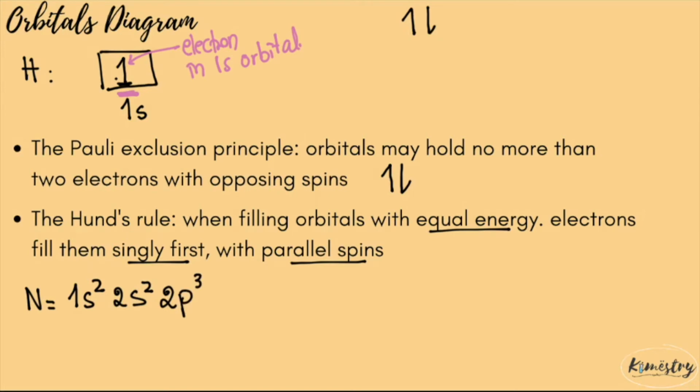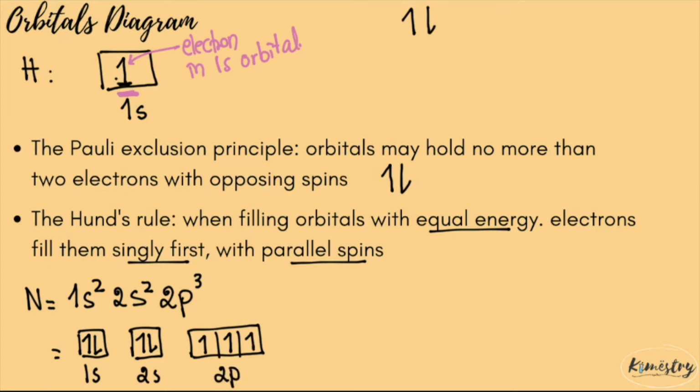If I wanted to write this as an orbital diagram, I would do one box for 1s because each box represents one orbital, and s has one orbital, then another for 2s, and p has 3 orbitals, so it has to be 3 boxes like this. So the way we fill it up: 1s orbital filled, 2s orbital filled. For p, we do 1, 1, and 1, like that.